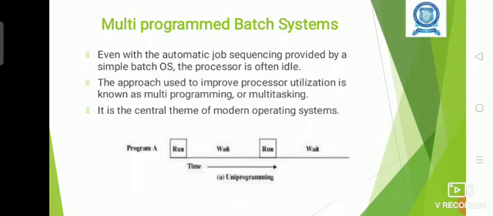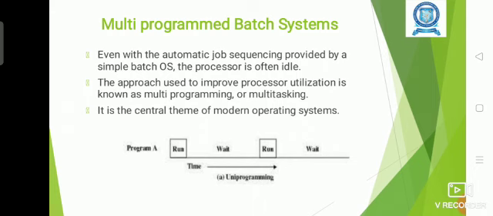So much of the processor time is wasted, and the processor sits idle for some time. This multi-programmed approach is used to improve the processor utilization by allocating multiple jobs at a time. This approach is otherwise called multi-programming or multitasking.